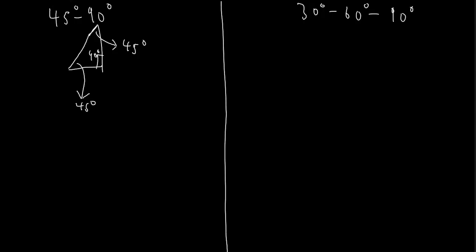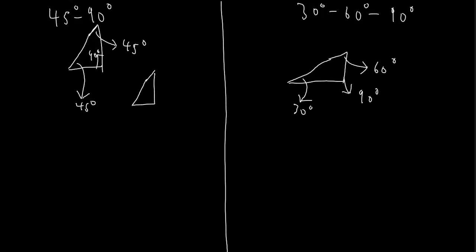For 30-60-90 triangles, okay, this angle here will be 30 degrees, and this angle here will be 60 degrees. And then this angle here would just be 90 degrees. So I'll just draw the same triangle here. Remember, it's still the same angles.